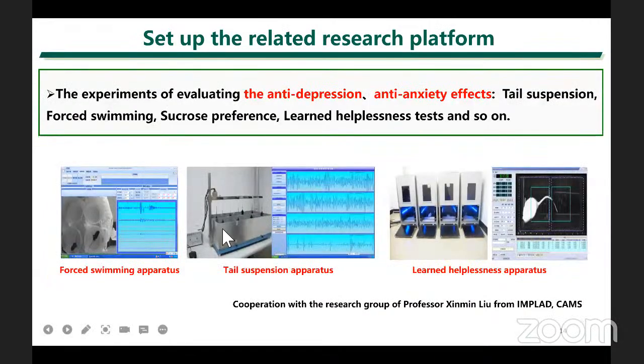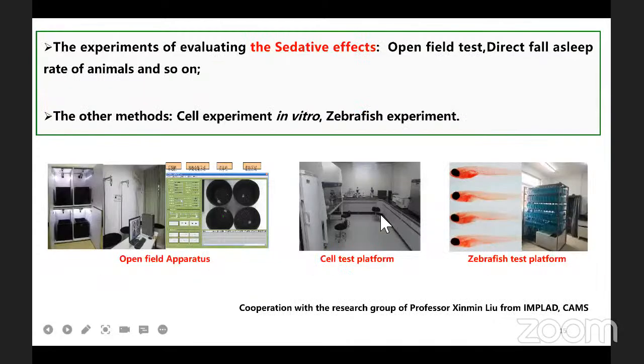Then we also used the tail suspension apparatus, the forced swimming test, and the learned helplessness test for assessing anti-depression and anti-anxiety effects.